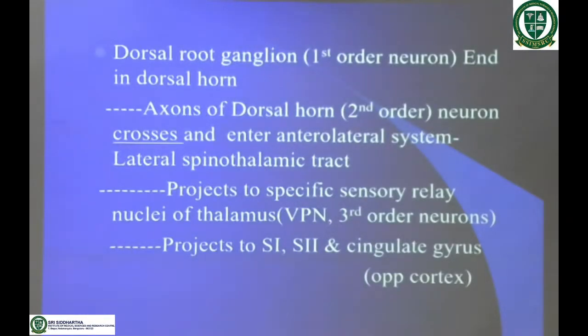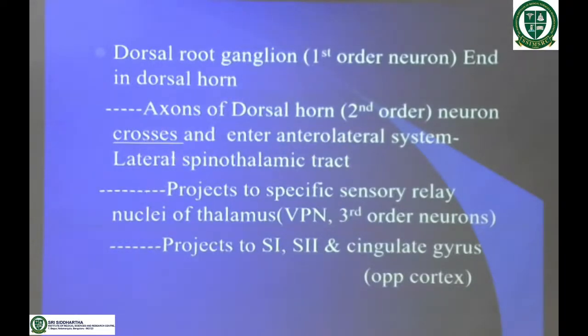So the dorsal root ganglion, that is A delta and C fibers, are the first order neurons, ending in the dorsal horn. Axons of the dorsal horn are second order neurons, which cross and enter the anterolateral system, that is the lateral spinothalamic tract.